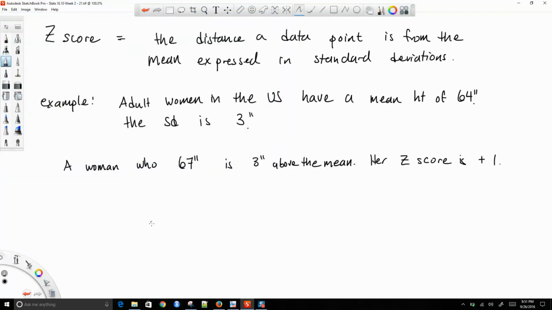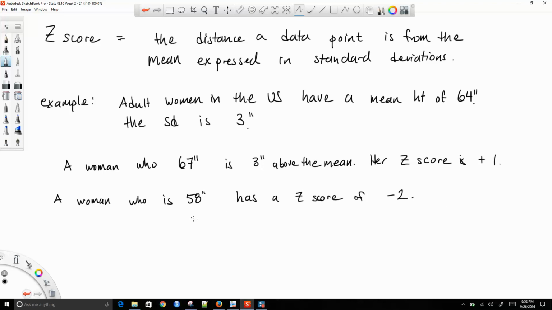Okay, so let's see, a woman who is 58 inches, okay, has what z-score? A z-score of -2, right?